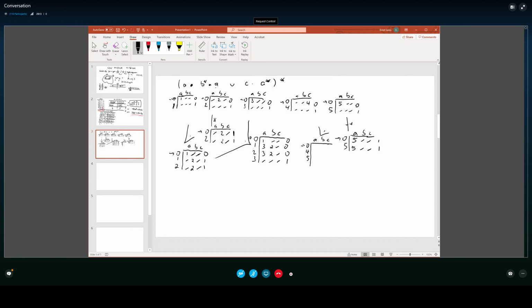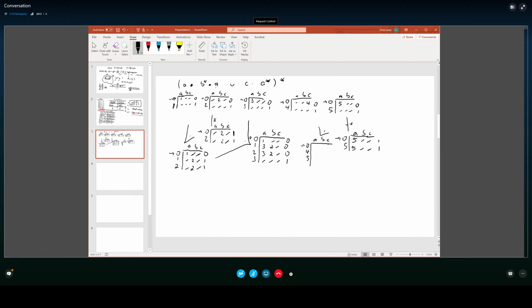So 0 is accepting, 1 is rejecting, 2 is rejecting, 3, 4, 5 are accepting. And, well, the transition function: 0 is rejecting, so we copy 1, nothing, 4. 1 is rejecting, so we copy 3, 2, nothing. 2 is rejecting, copy 3, 2, nothing.